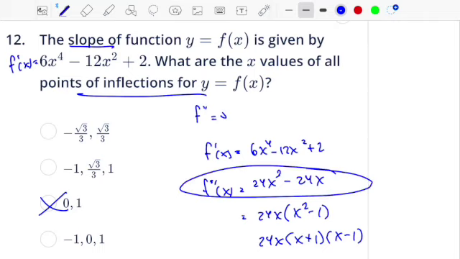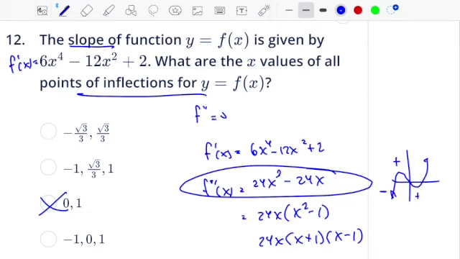Thinking this is cubic, we've got those zeros, so we're changing from negative to positive to negative to positive. So those 3 points are all inflection points. -1, 0, +1.